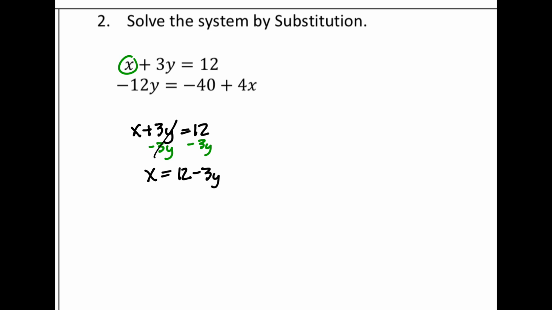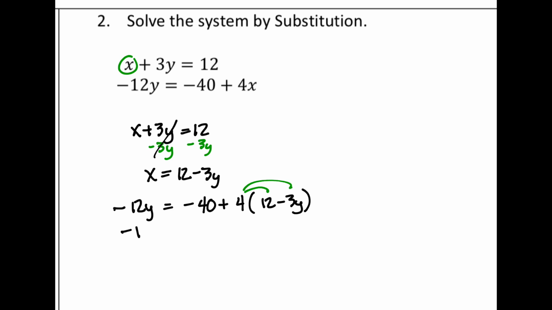So now I'm going to put that into the second equation. So -12y is equal to -40 add 4 times all of x, which is 12 minus 3y. And now I have to distribute here.